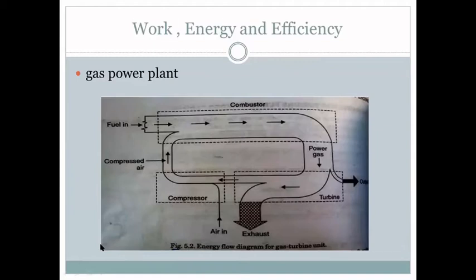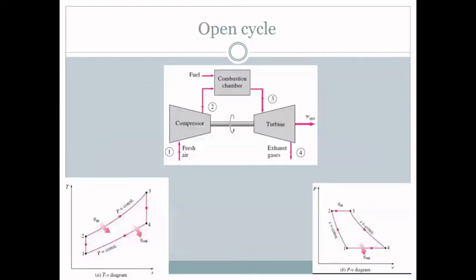The gas then moves to the turbine, which rotates, and the rotating shaft produces output work. There are 2 types of gas turbine power plants. The first one is the open cycle, and the other one is the closed cycle.